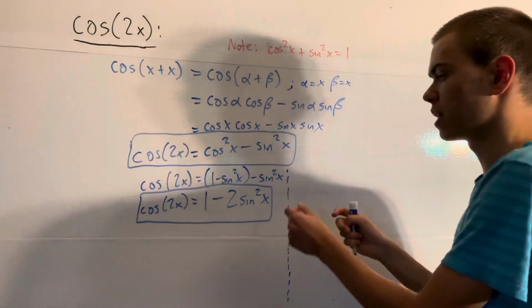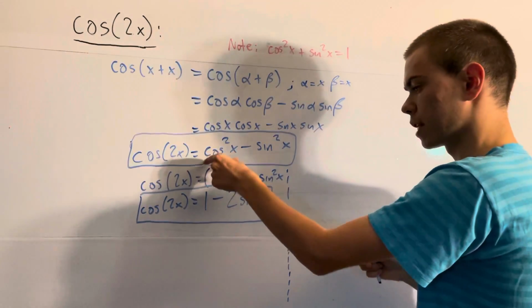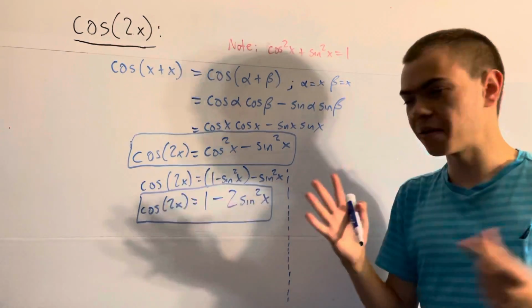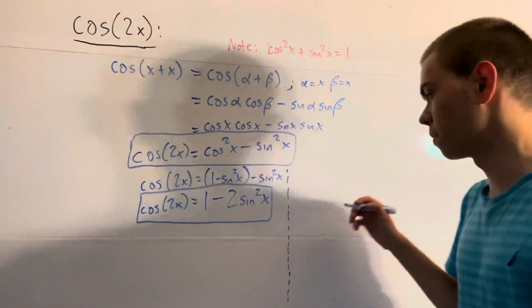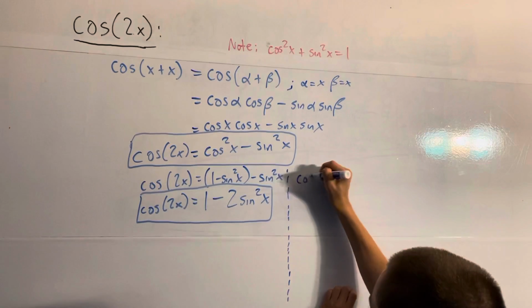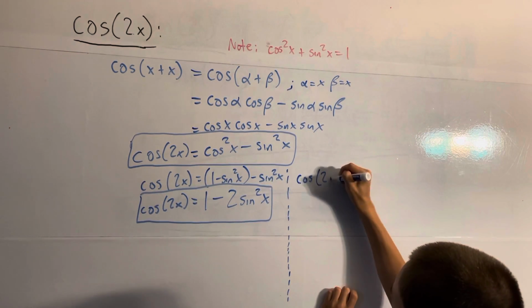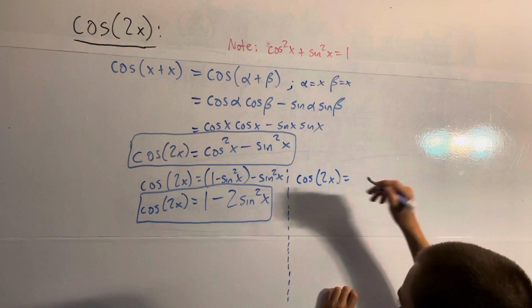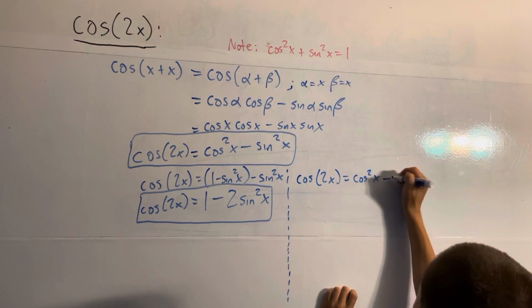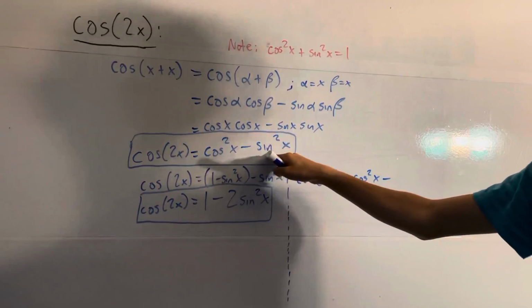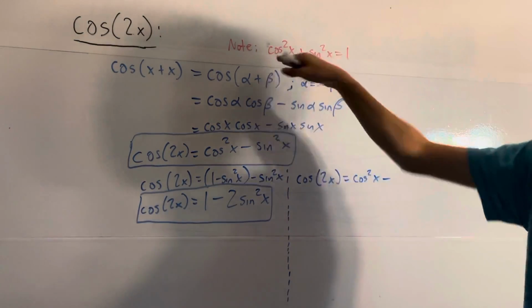So that's also another way to express the cosine of 2x. And we could also do the same thing. Notice how we substituted cosine squared x for 1 minus sine squared x. We could substitute sine squared x for 1 minus cosine squared x. So let me just show you. The cosine of 2x equals cosine squared x, but this time we're going to substitute sine squared x for 1 minus cosine squared x.